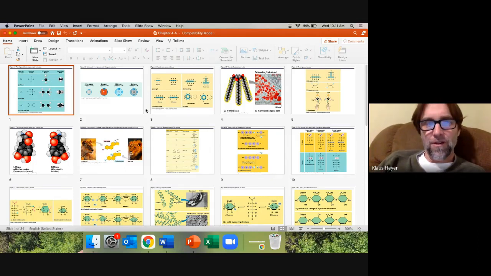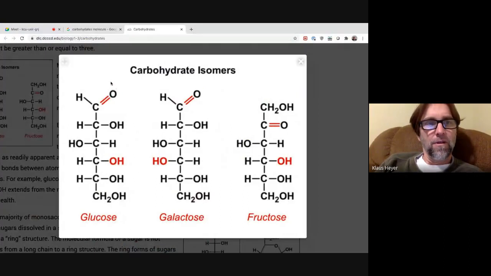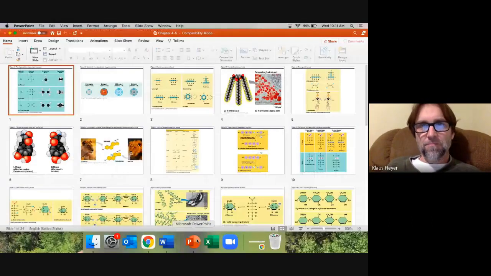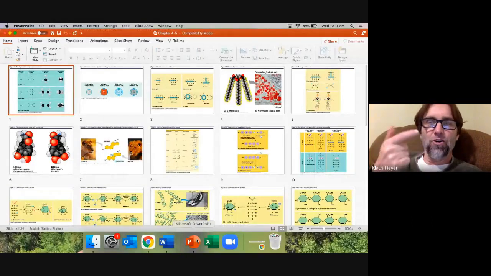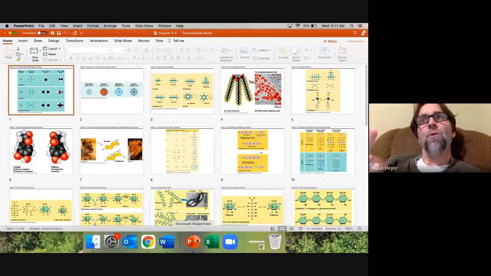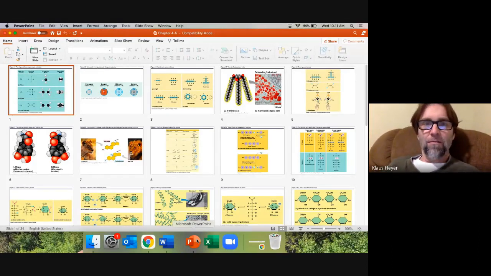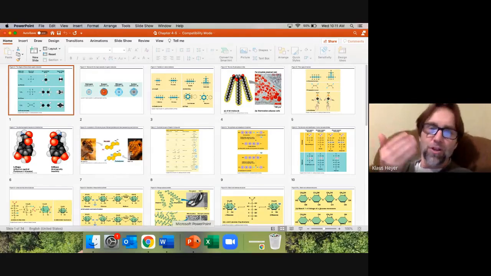If you look under pages or modules, you'll see a lecture called macromolecules, and one called functional groups. So it's there. You've got your book, you've got other lectures.